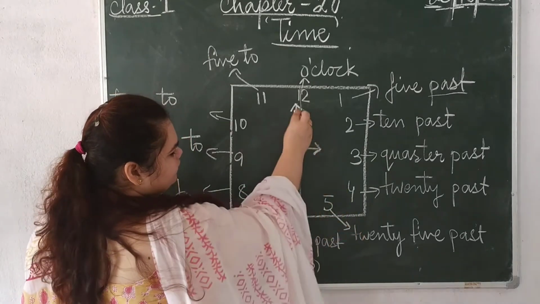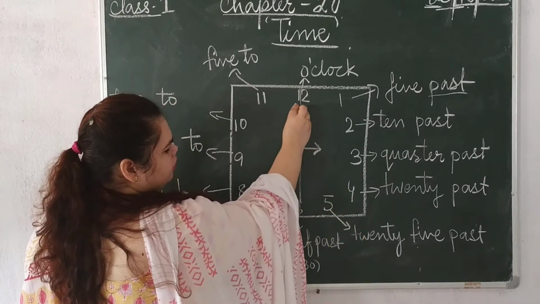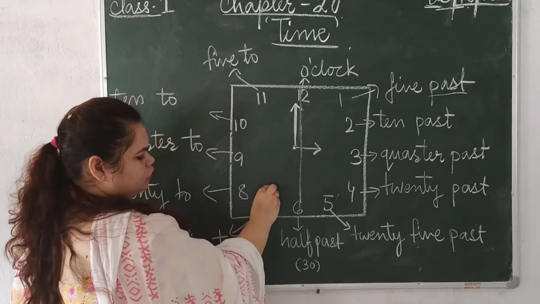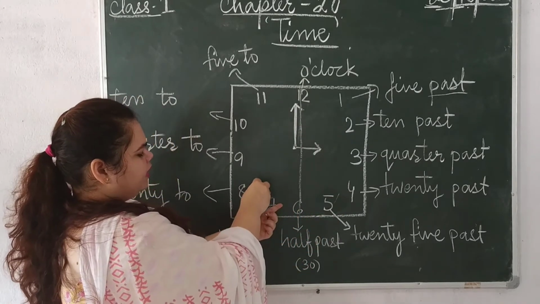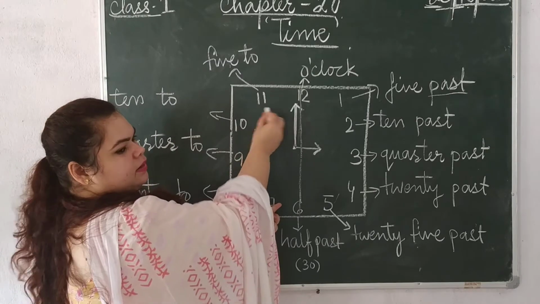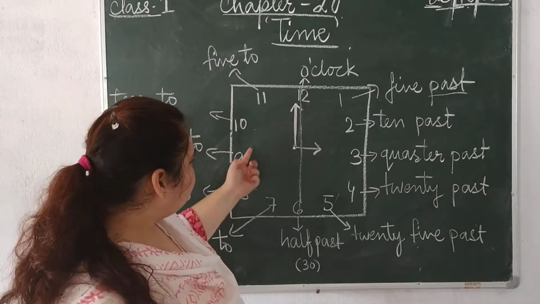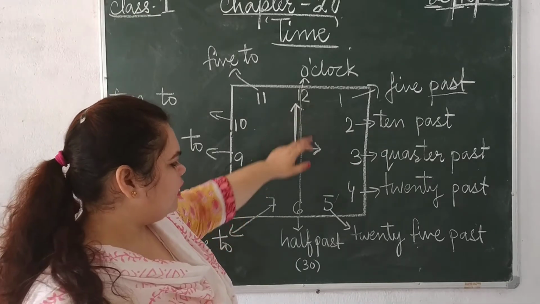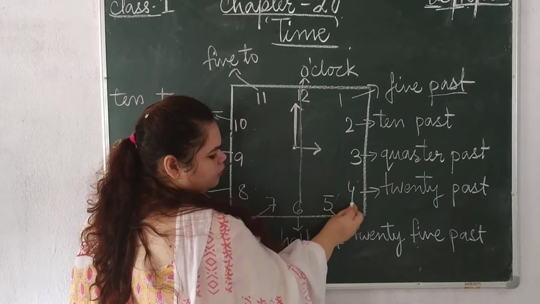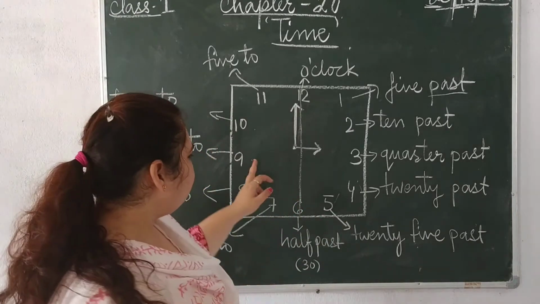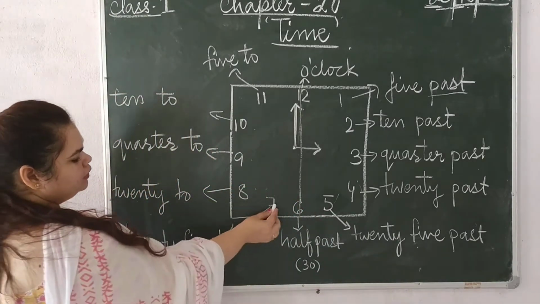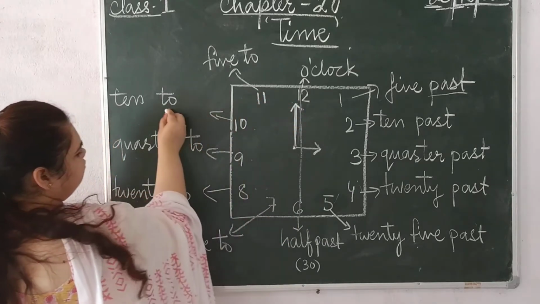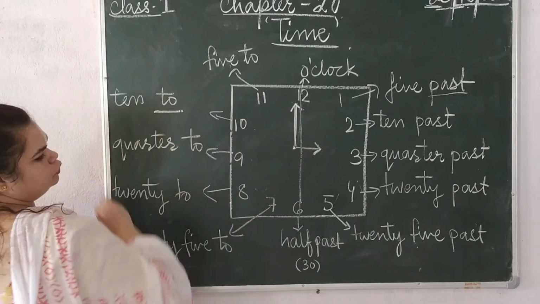Now once the big arm crosses the right side and goes towards 7, 8, 9, 10, 11, these numbers will show us how many minutes are left for it to become 4 o'clock. So here, while talking about the numbers from 6 to 12, we use the word to.